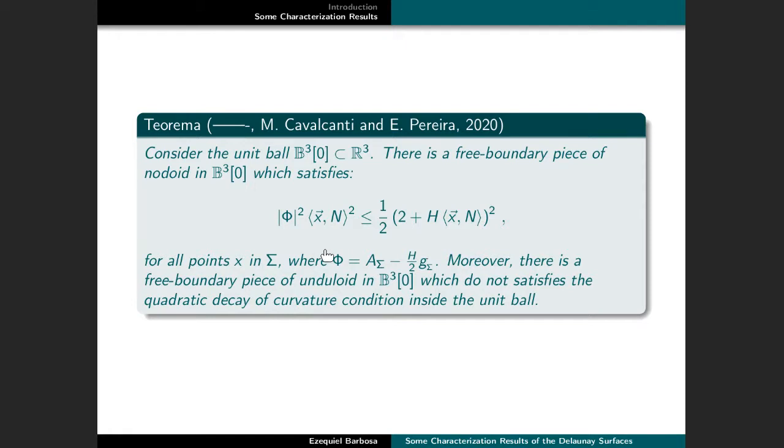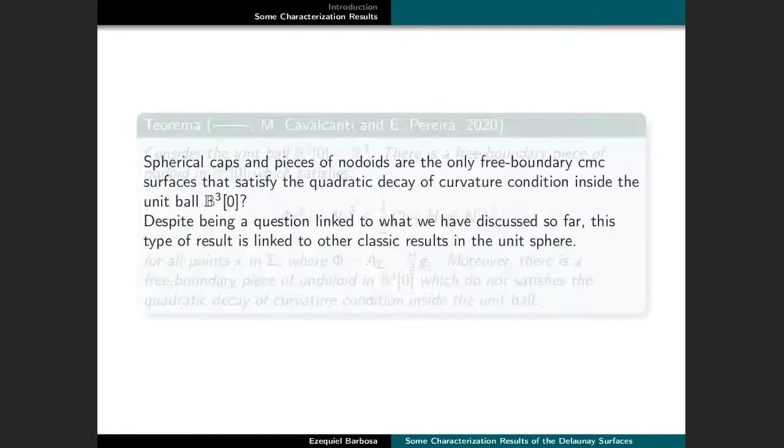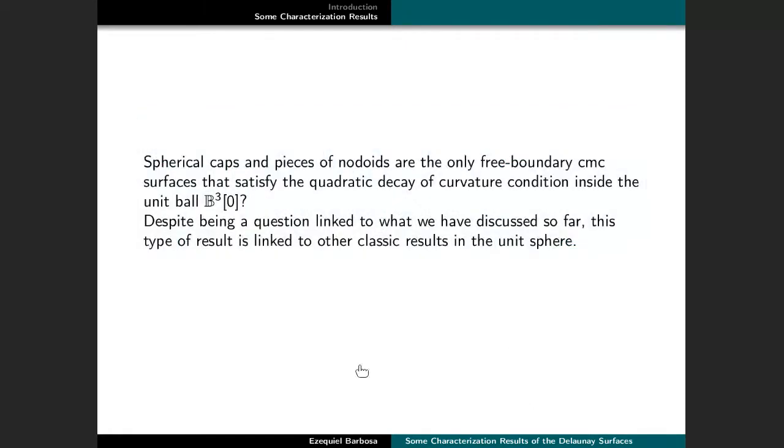Okay, so the question here is, if you are inside a ball, are the pieces of nodoids the only CMC surfaces satisfying that kind of quadratic decay of curvature? Of course, pieces of nodoids and pieces of spheres as well.